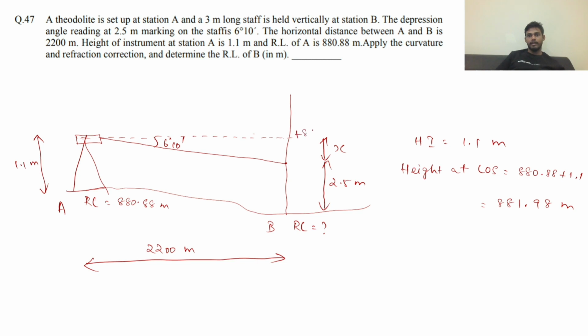To calculate the RL of B, we subtract this x distance and 2.5 from this height of line of collimation, so that we will get the RL of B.